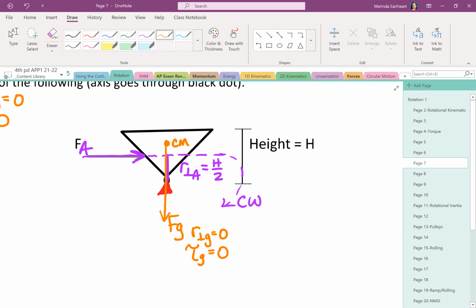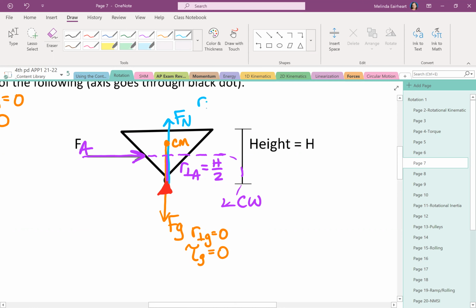Technically, there's one more force. Why is the whole thing not falling down? There's a normal force due to that nail. What direction? Up. I draw it from the nail, which also is at your fulcrum location.